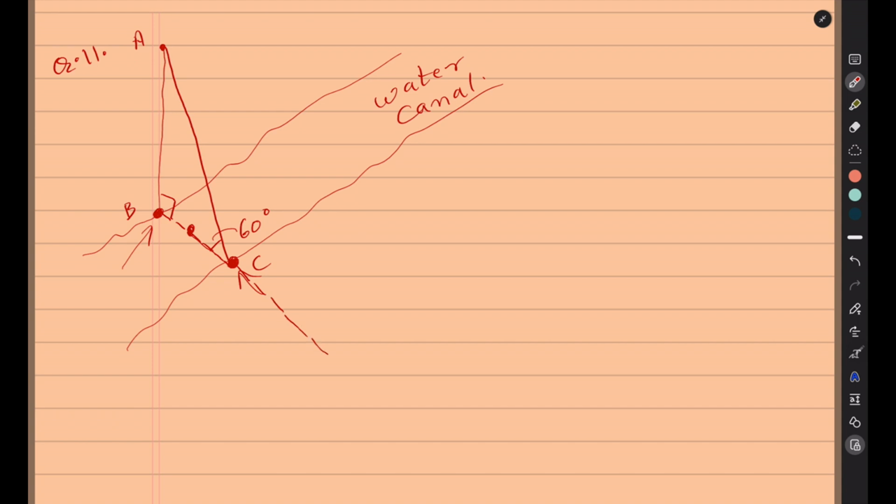It's not clear, but no issues. We will look at the question once again. From another point 20 meter away from this point on the line joining this point to the foot of the tower.